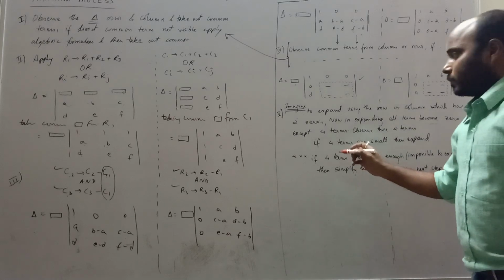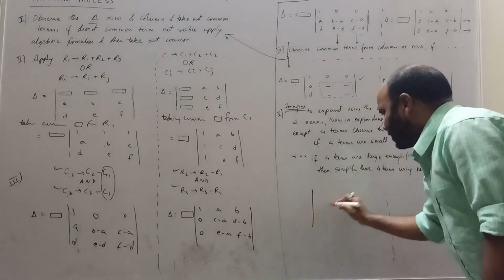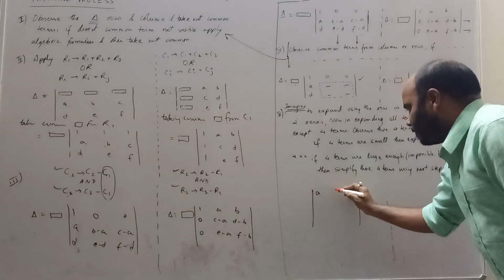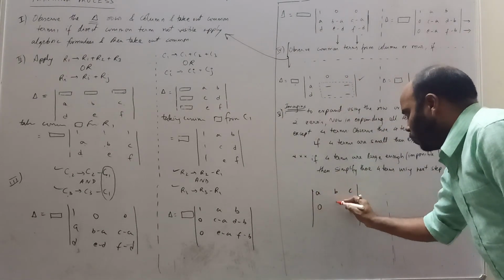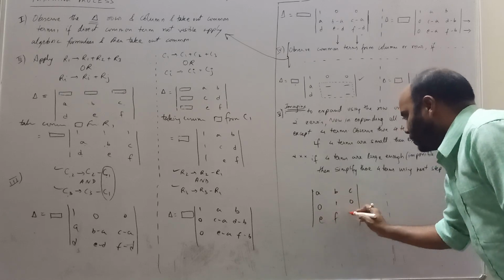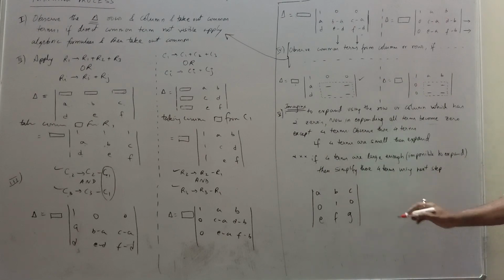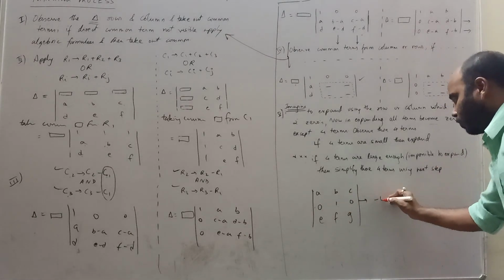Now let me tell you one more thing. For example, here we have 1 0 0, then A, B, C, then 0 1 0, then E, F, G. Let's take a small example. In this, I have to expand by R2. When you expand by R2, your first term is minus 0.